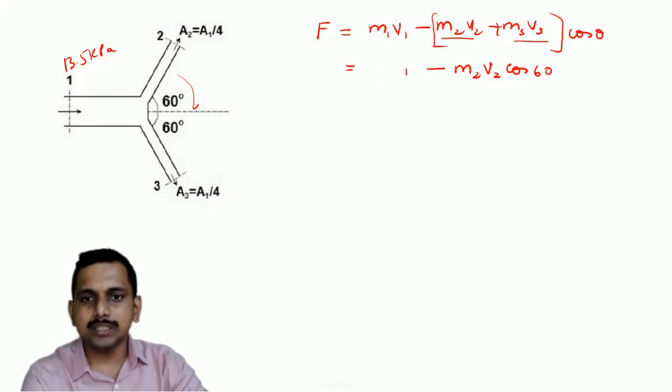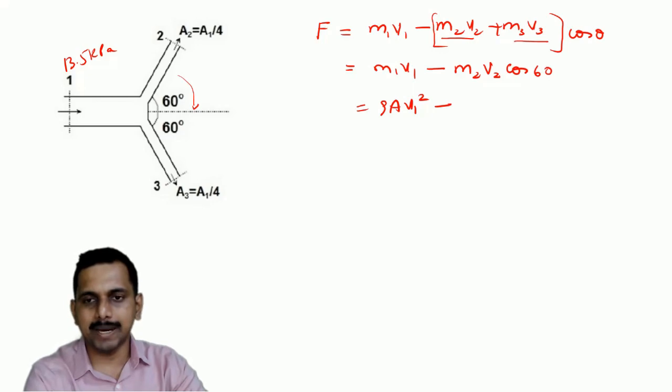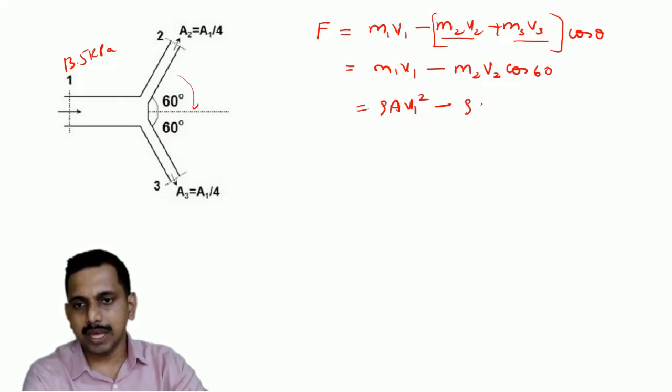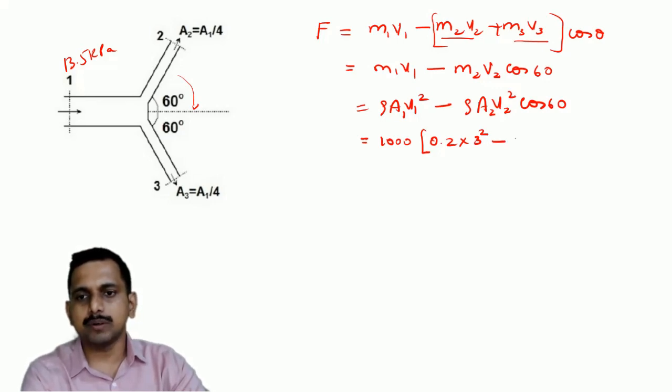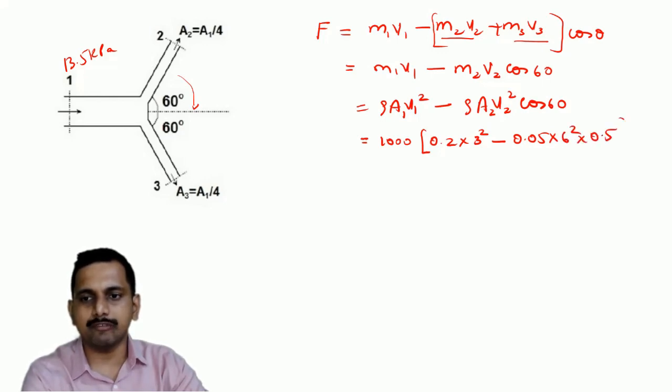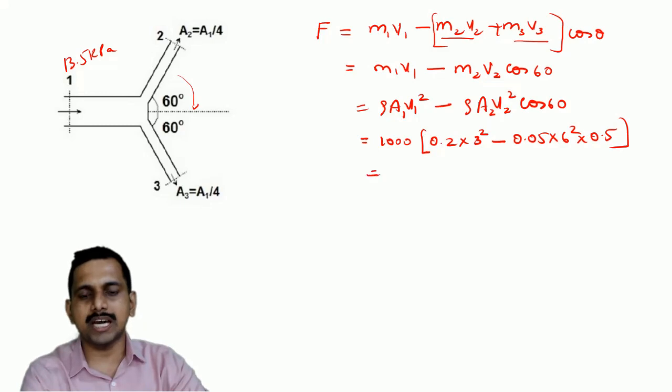That is rho A1 V1 square minus rho A2 V2 square cos 60. This becomes 1000 into 0.2 into 3 square, minus 0.05 into 6 square into cos 60, which is 0.5. When we put all these together, we get the answer as 0.